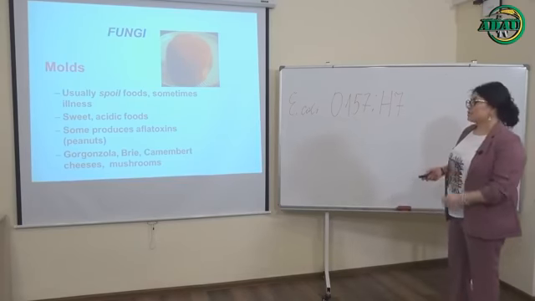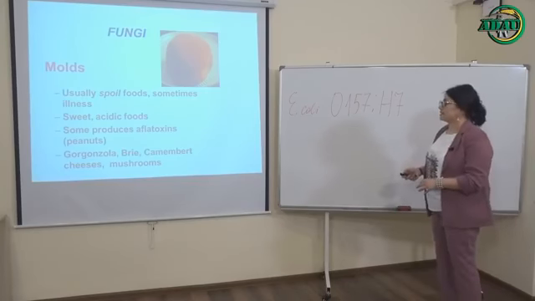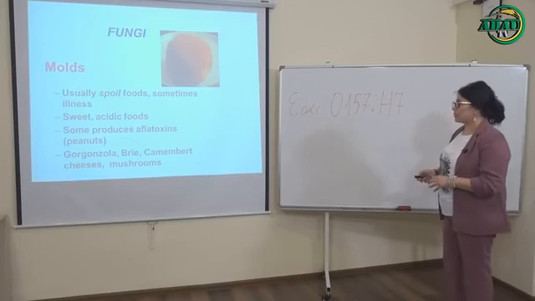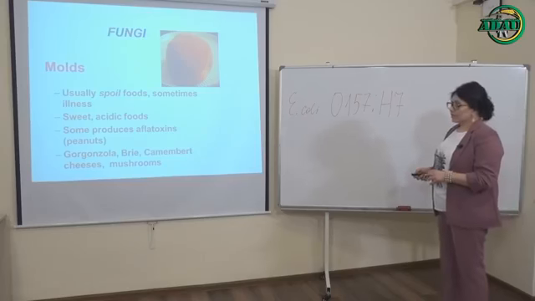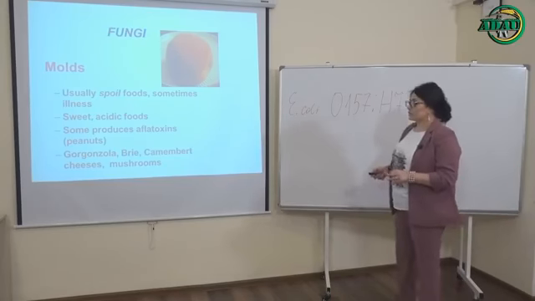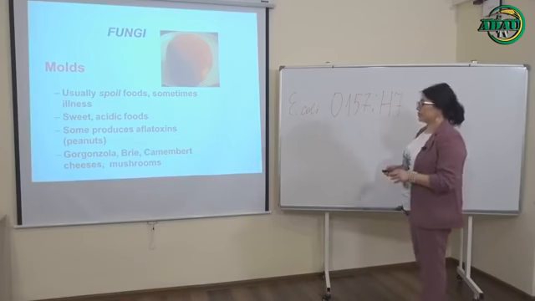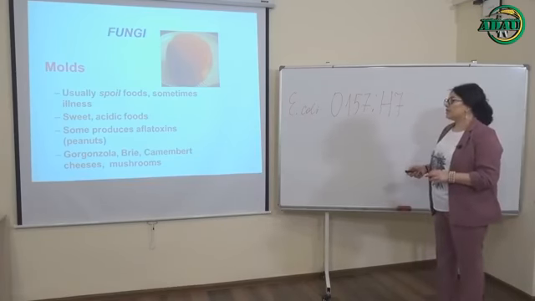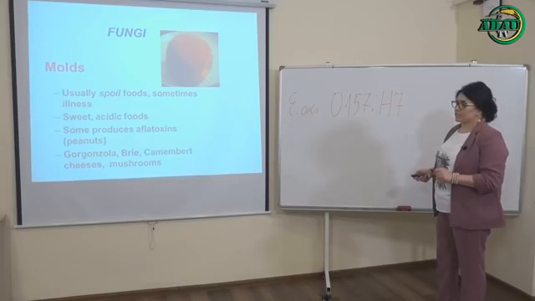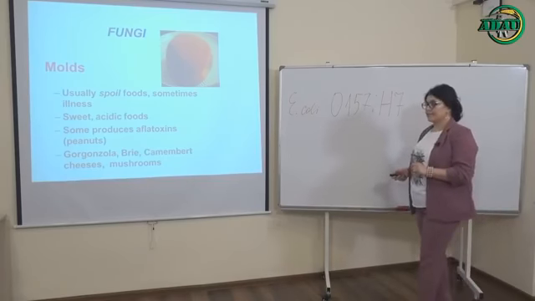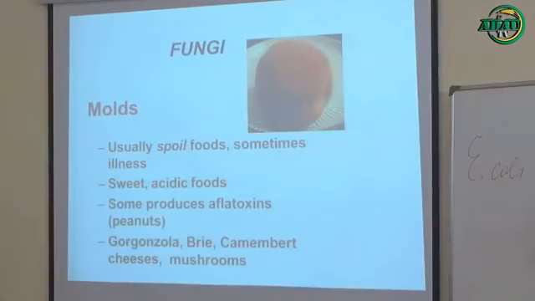Some produce aflatoxins. I will explain aflatoxins, because they are very dangerous for human organisms, because you cannot see these toxins, you cannot determine these toxins in the beginning of the disease, but they stay in the liver even for a few years.